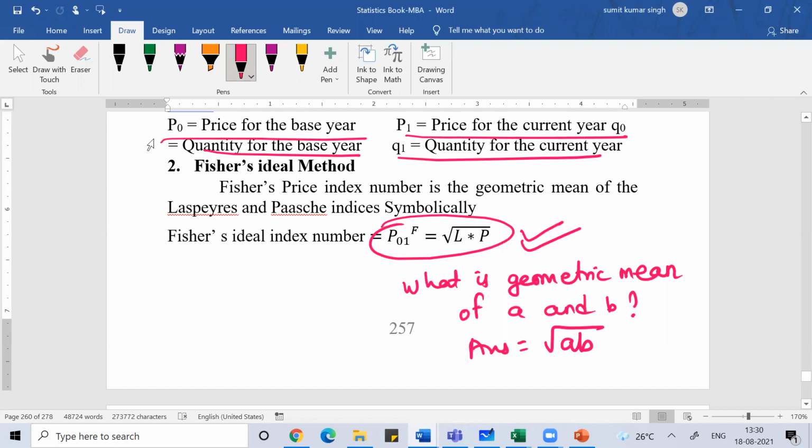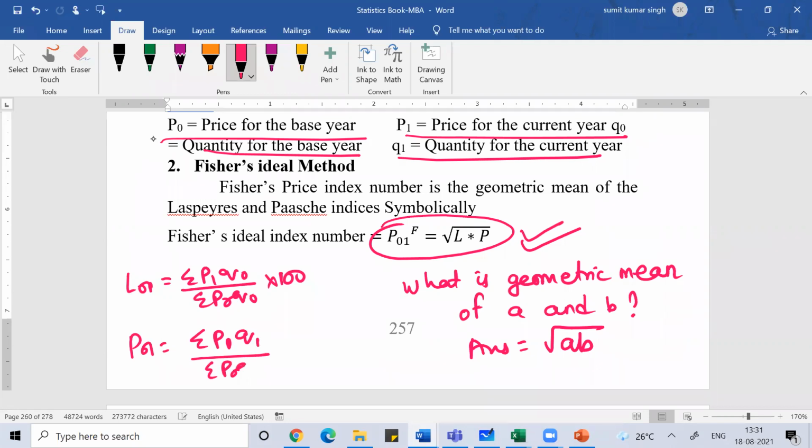The Laspeyres index number formula is sum of P1 Q naught divided by sum of P naught Q naught into 100. The Paasche index number formula is sum of P1 Q1 divided by sum of P naught Q1 into 100. Multiply them and take the square root of that value. That is called the Fisher ideal index number. Clear, everyone?